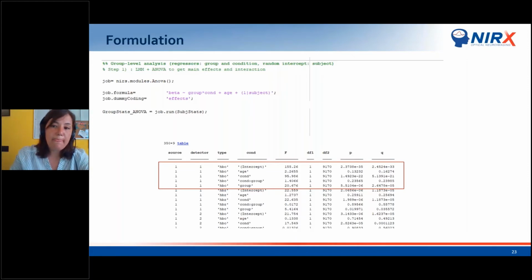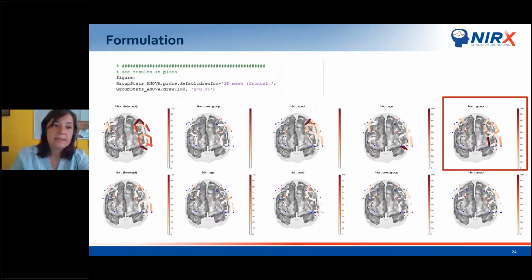So let's plot. You can also plot the results again on the mesh, and by calling this group stats probe, you define again the default draw function. I wanted a 3D mesh, and then you specify draw, and again I want only the p-values that after multiple comparison correction are lower than 0.05.